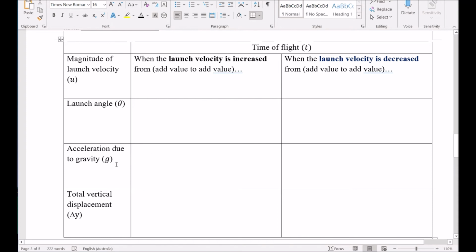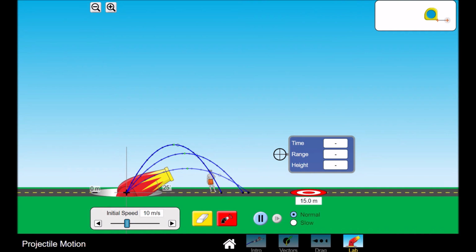Okay, the next variable we can look at is the acceleration due to gravity. Let's see how that affects the total trip time, peak height, and also the horizontal displacement, and then we'll change the vertical displacement. I'll explain a little bit later what that means. On my simulator, there is an option for changing the acceleration due to gravity.